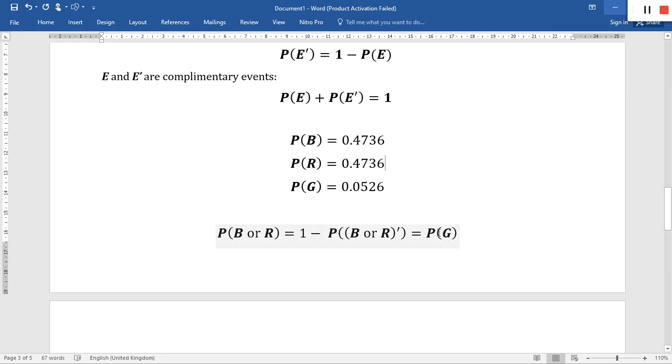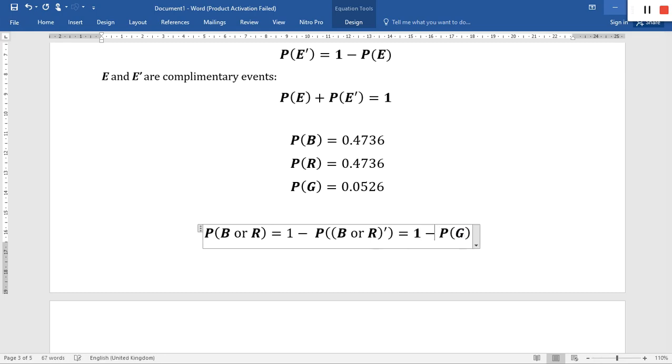So we have to be careful not to use probability when we are talking only about the event. So this is going to be equal to 1 minus the probability of a green. If we don't have a black or red event, then we have a green. So the complement of a black or red event is a green.